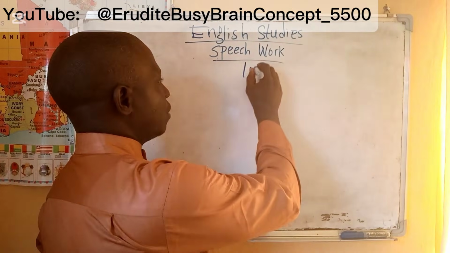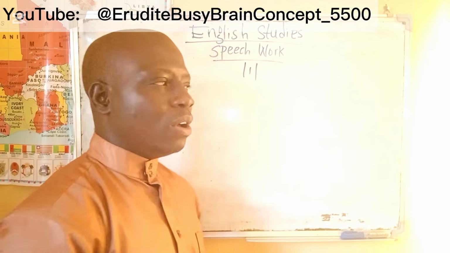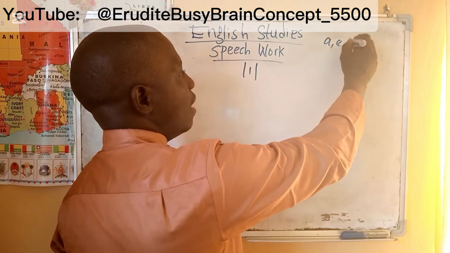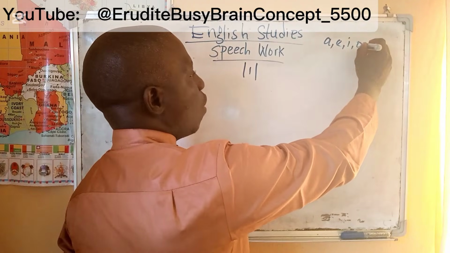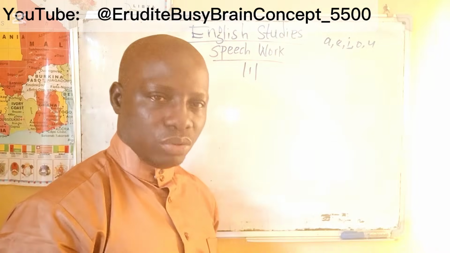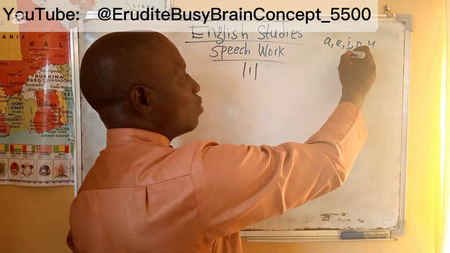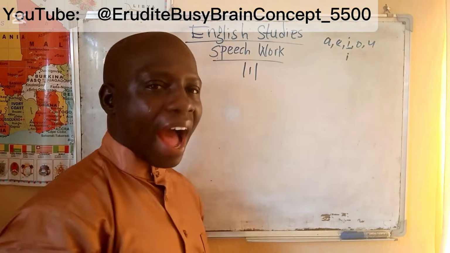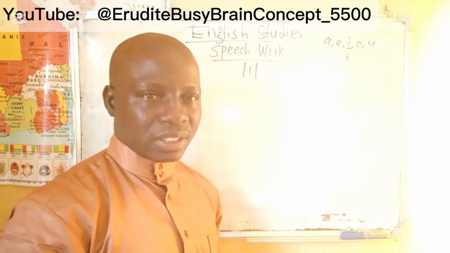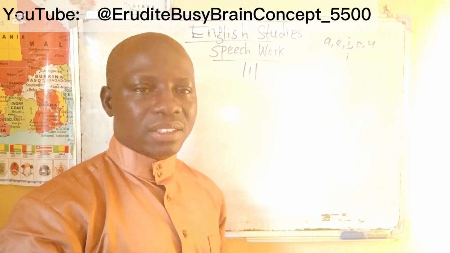And when we talk about E, this is the E symbol. Remember A, E, O, U. So this is what we are looking at today. But this E sound in its orthography is called I sound, letter I. But in phonics, or phonetics and phonology, it is called E sound.